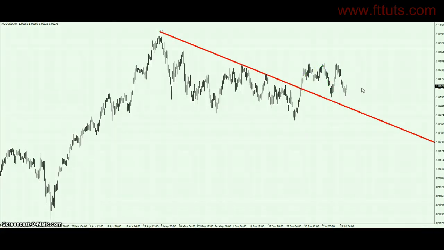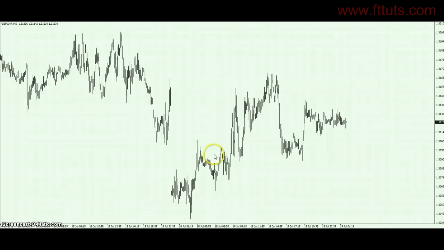Another example, if we're looking at pound Swissy, and here we're just on a 5-minute time frame, something that we might be looking at for an intraday trade. We've looked at pound Swissy before. It's shown very good volatility over the last couple of months, and volatility is always good.